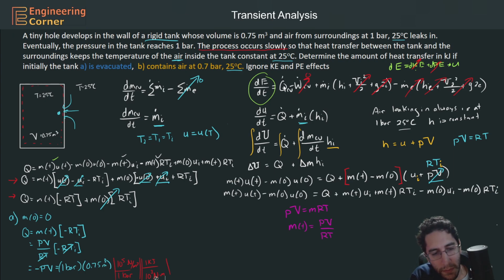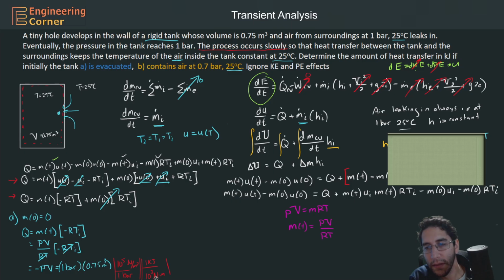And what will happen here? There it is. So when I do that, I'll get 0.75 times 100, and it's negative.